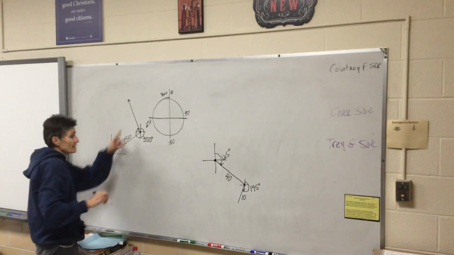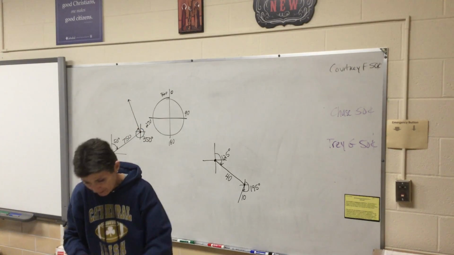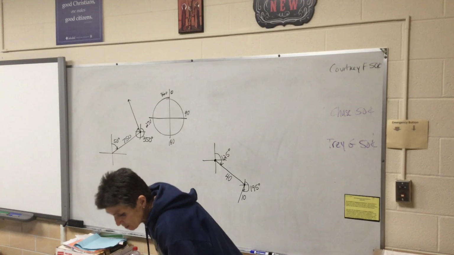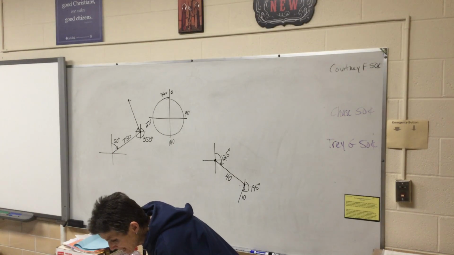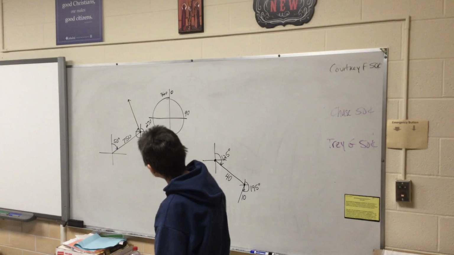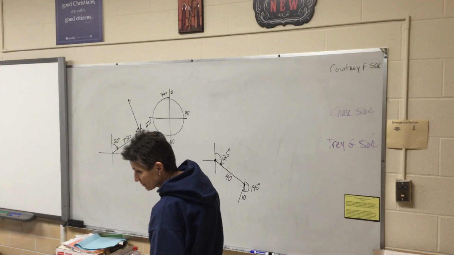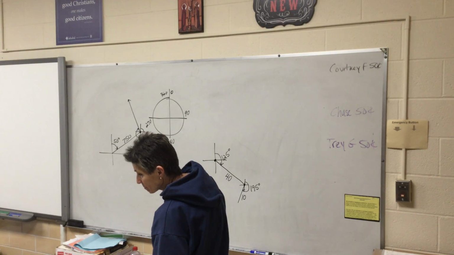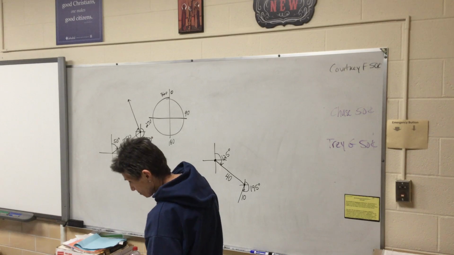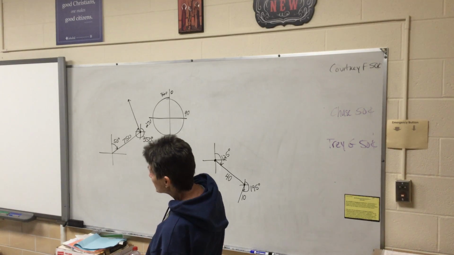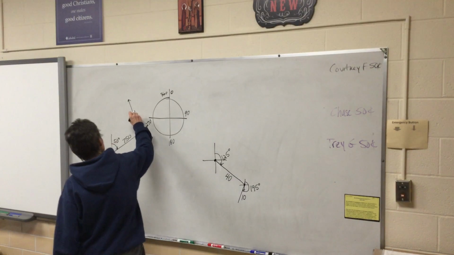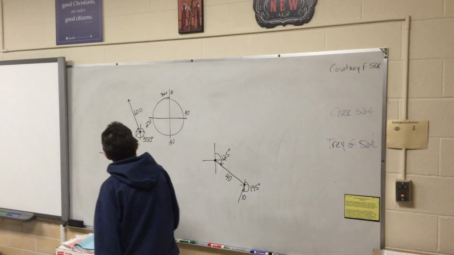And how long is that vector? He's going 300 miles an hour for 2 hours. How long is that? He goes 600. Yep, 300 miles an hour for 2 hours, that's 600.